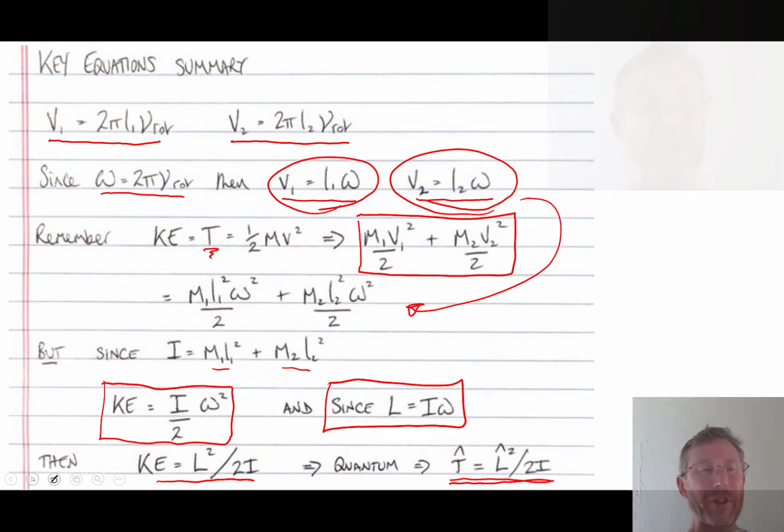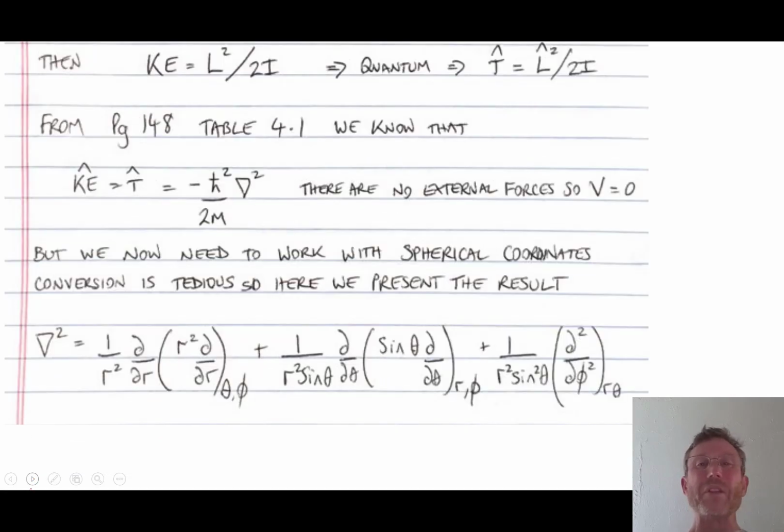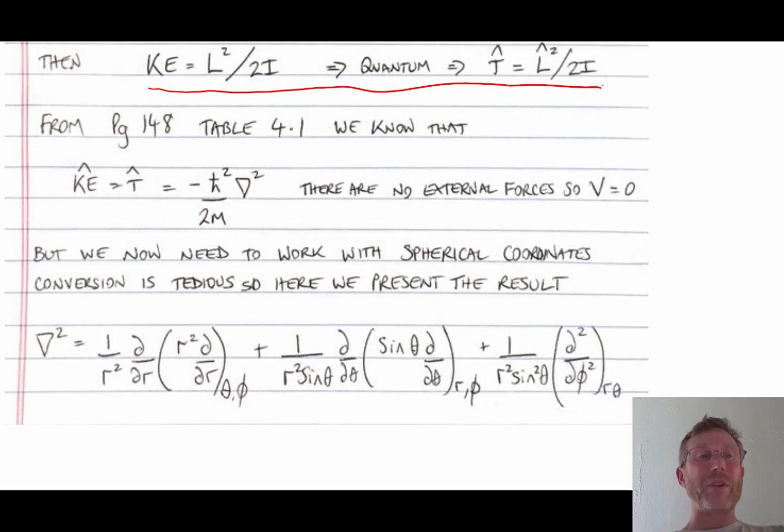However, now that we've done that, so this is repeated at the top of this next slide, we're also going to recognize, if we remember back to page 148 in our table 4.1 of known quantum mechanical operators, that the quantum mechanical operator for kinetic energy is also given in terms of del squared, right?